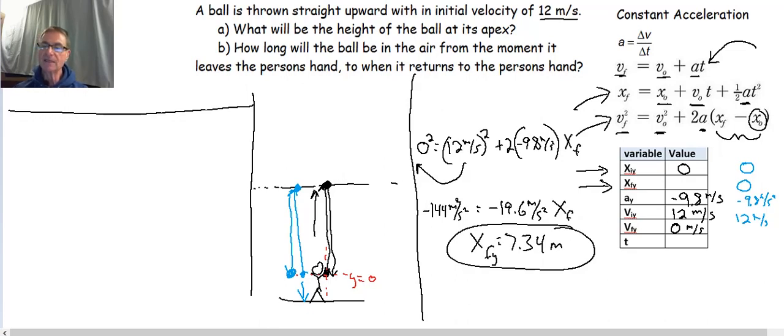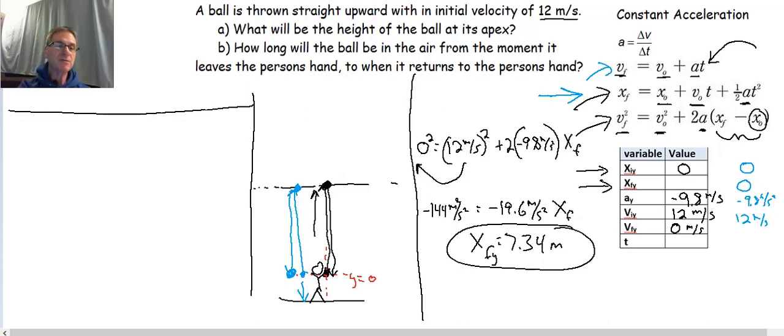Let's see. This equation here will help me get time, but I don't have the final velocity. The third equation has x final, which I have, x initial, which I have, v0, the initial velocity, which I have, and acceleration, which I have. So I can use the third equation to find the total amount of time that the ball is in the air just prior to it coming back to my hand.